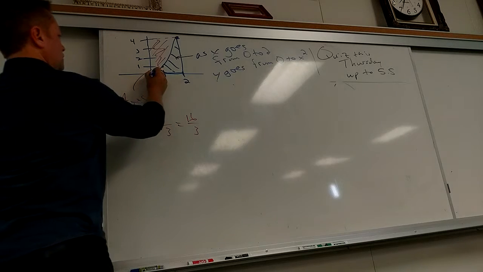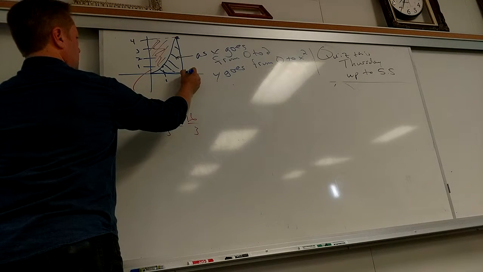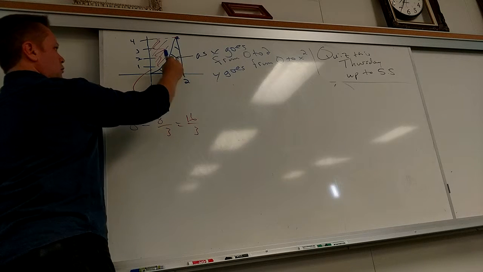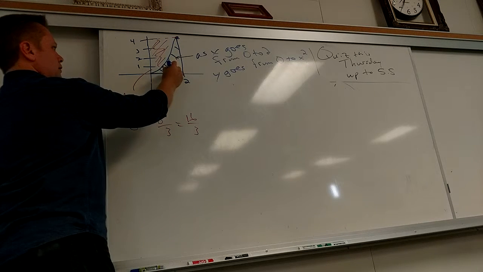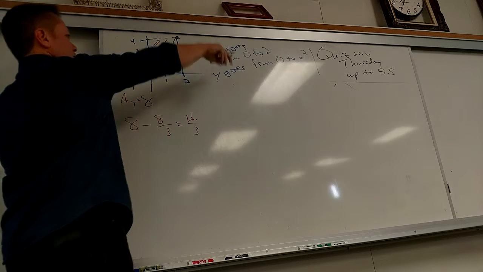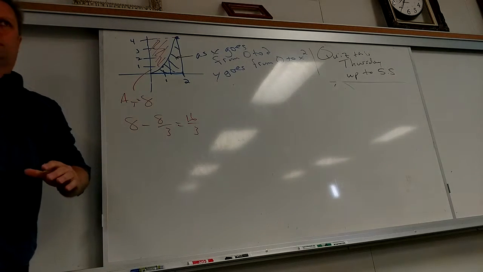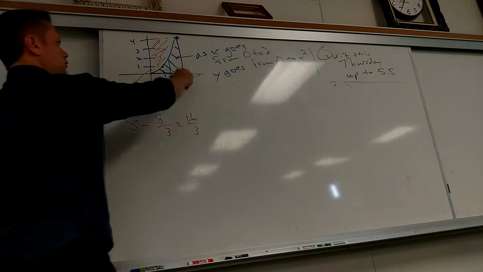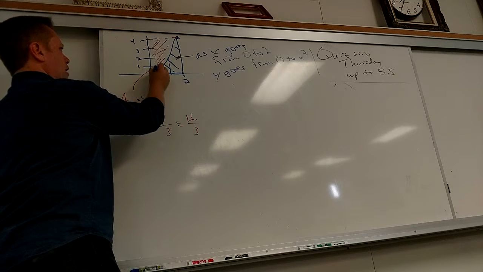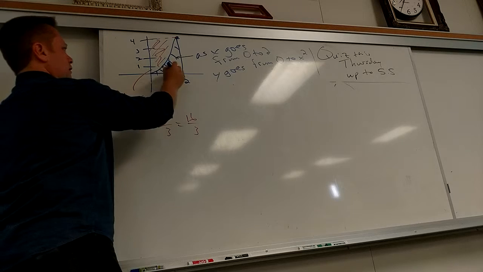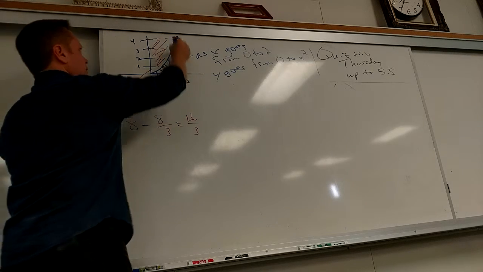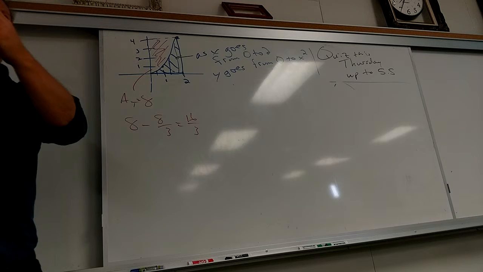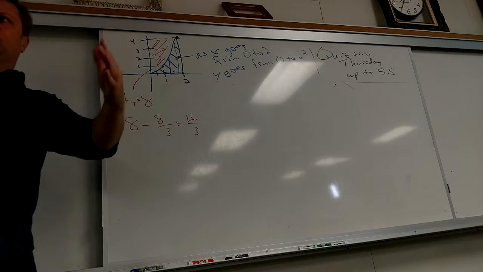As x goes from 0 to 2, pick an x in between 0 and 2, like this x. What is y going from 0 to this, which is x squared? So as I let x move along 0 to 2, that y goes from 0 to x squared. It's kind of like a way to scan that region.